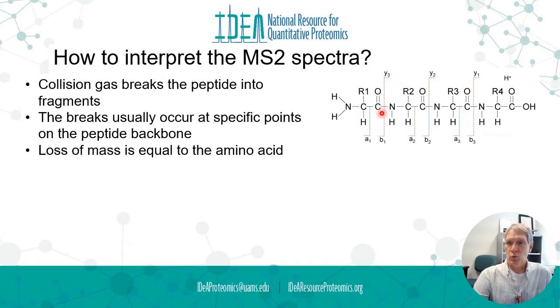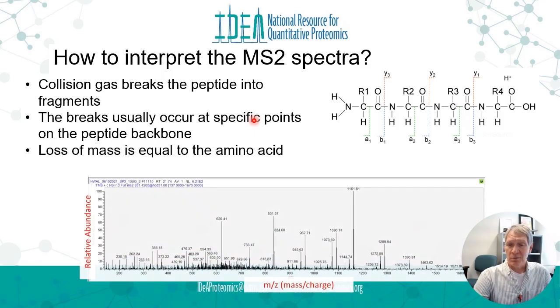That would be along this Y B place right here, creating what we call Y ions and B ions. And the loss of mass is equal to the amino acid.